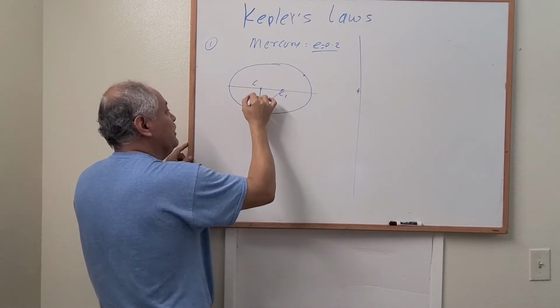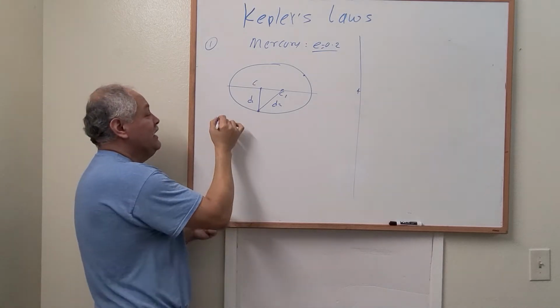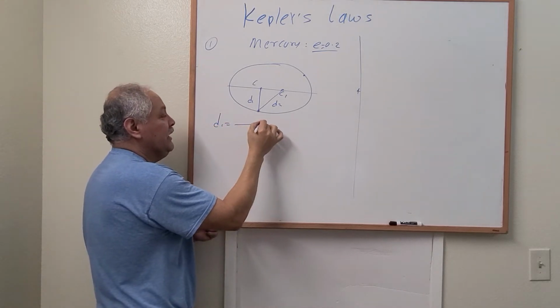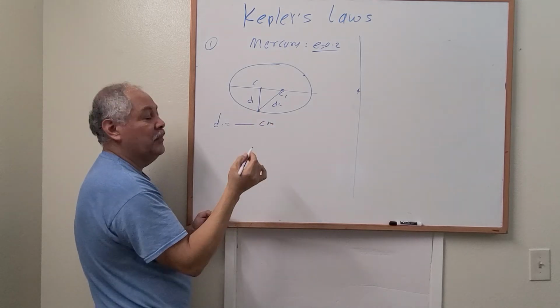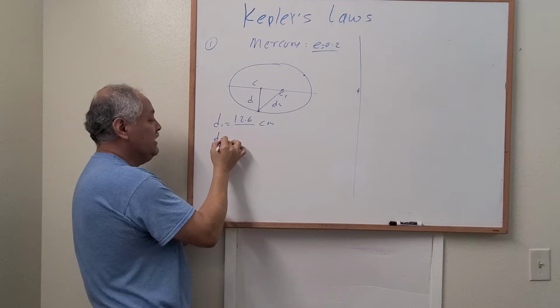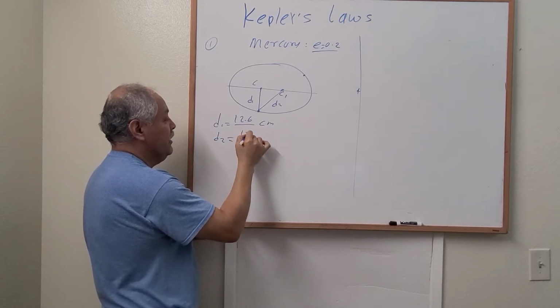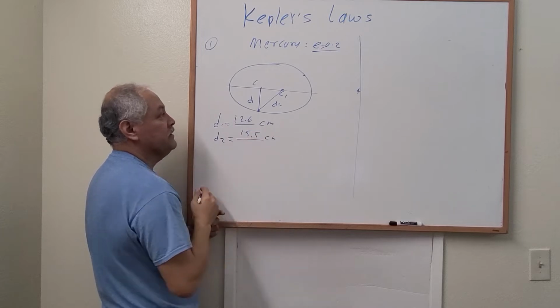Let's call these D1 and D2, and measure them in centimeters. D1 is, as an example, 12.6 centimeters. Imagine that D2 is equal to 15.5 centimeters.